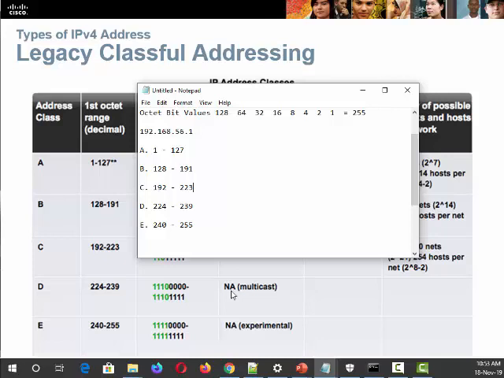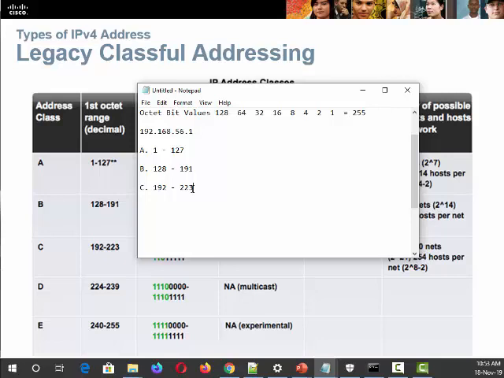But D and E, they are reserved for some special purposes. Now, which means these ones, they are out of it, right? Now, the A to C is now available for organizations to use.